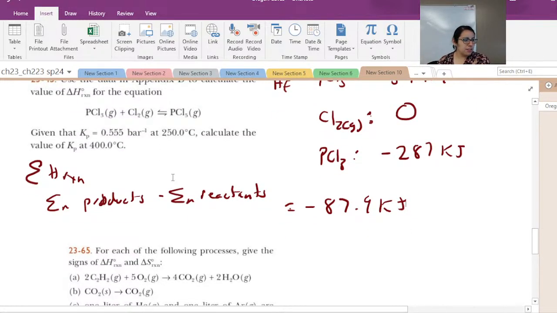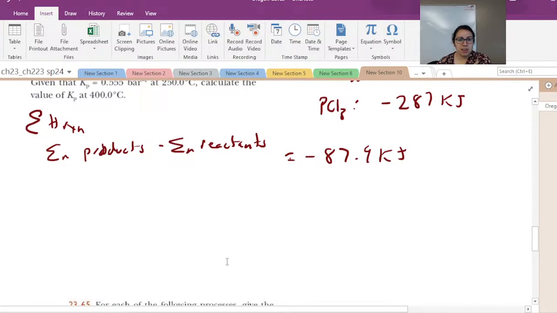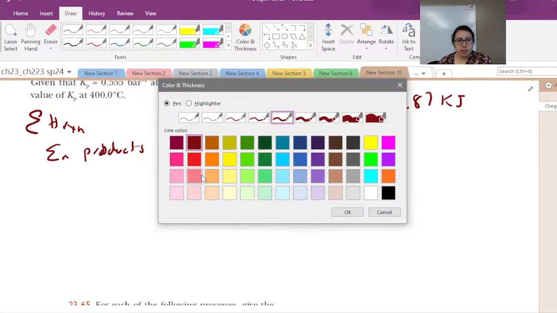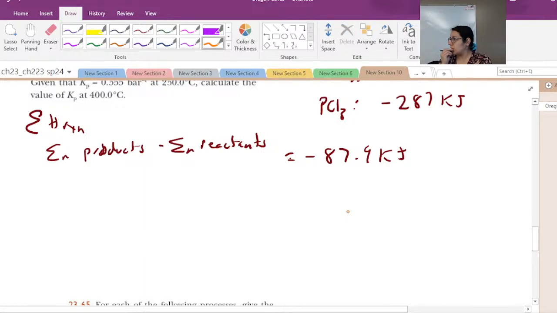And so then it asks us, given that our equilibrium constant is 0.55 bars at 250 Celsius, calculate the Kp at 400. So what equation do we need? You probably have to go back to your notes, so that's where I was suggesting the textbook.